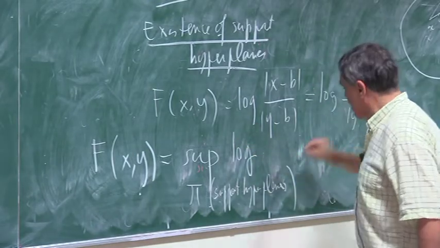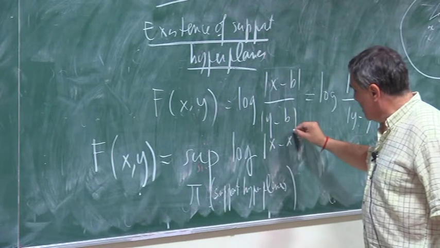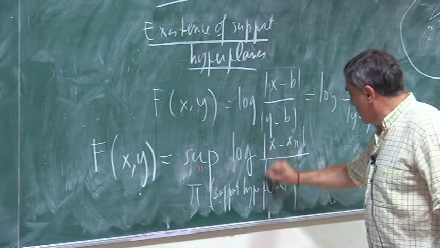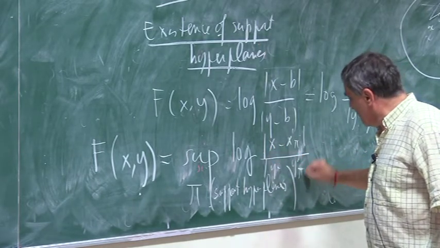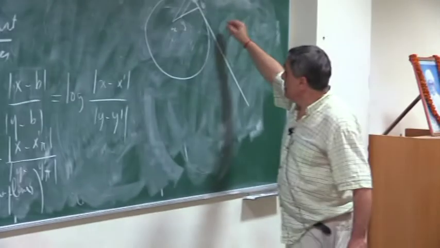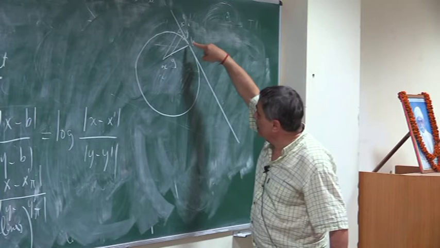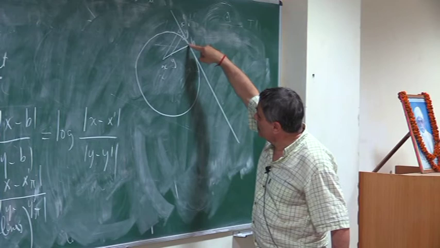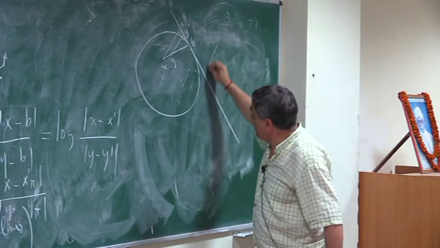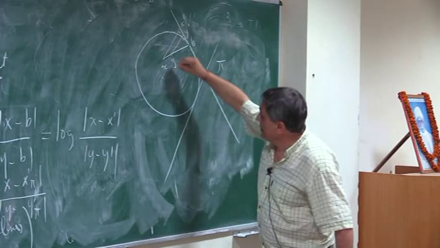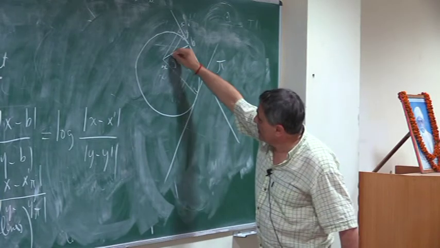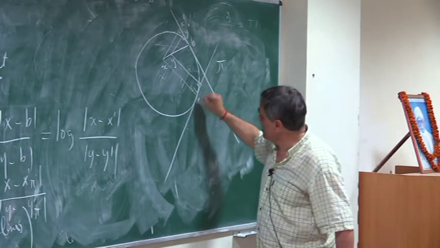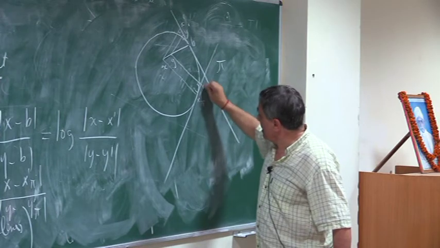Here I'm taking not only the support hyperplane which passes through this point B, but an arbitrary hyperplane pi, and I take the distance from X to this hyperplane, which I call X prime pi, and the distance from Y to it, Y prime pi.